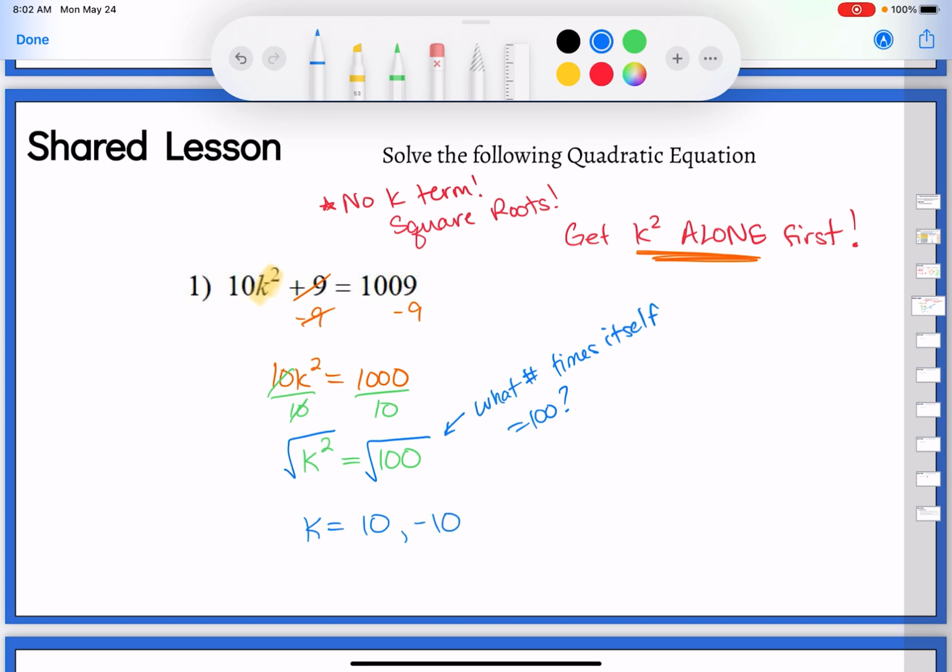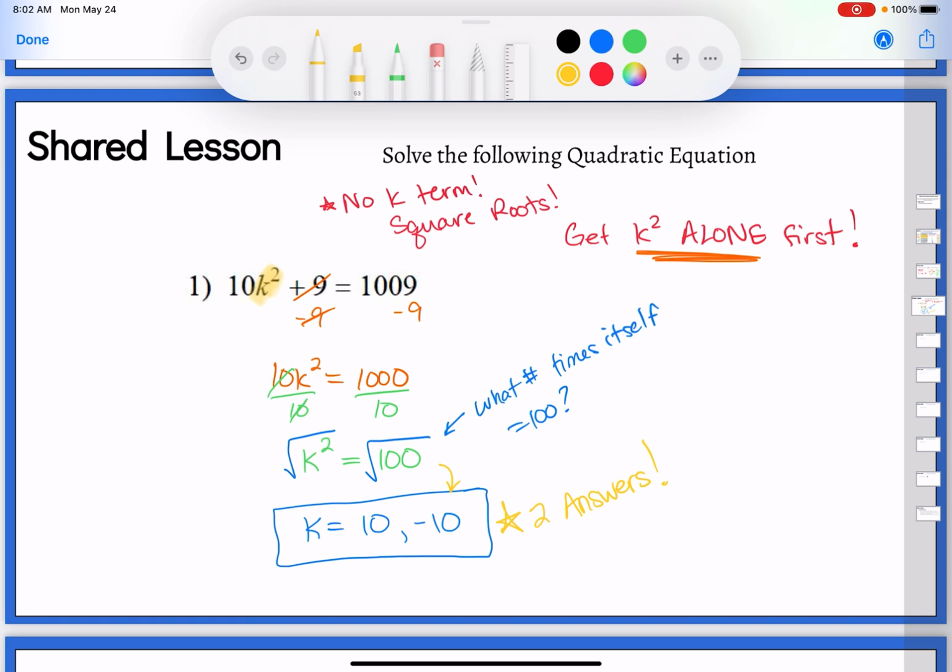When we have a quadratic equation like this, we should almost always have two answers. Be ready for that, especially when you use a square root. When you take a square root, you should have a positive and a negative in the next step, two answers, because 10 times 10 gives you 100, but negative 10 times negative 10 equals 100 as well. So always plus or minus there.